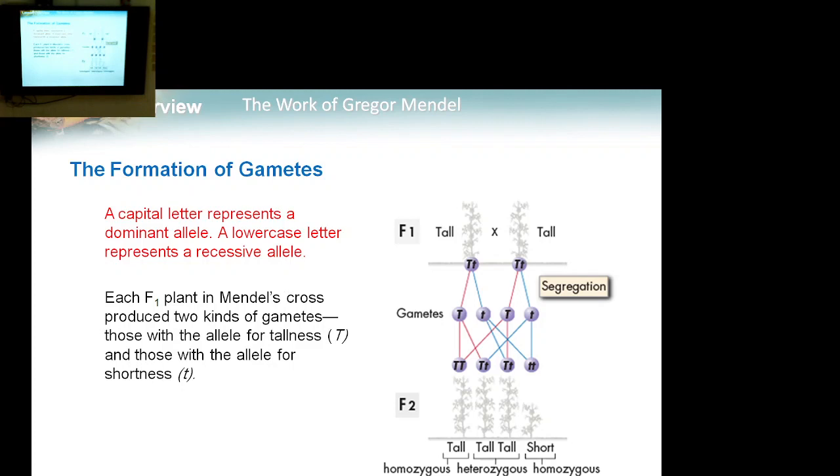Again, what do you mean by a capital letter and a lowercase letter? As I mentioned before, T is for tallness, the dominant. This is T, tallness, dominant, and T small is for shortness, recessive. So when I write T capital, T small, this is a hybrid. It contains one dominant allele, which is T capital, and the other recessive allele, which is T small.